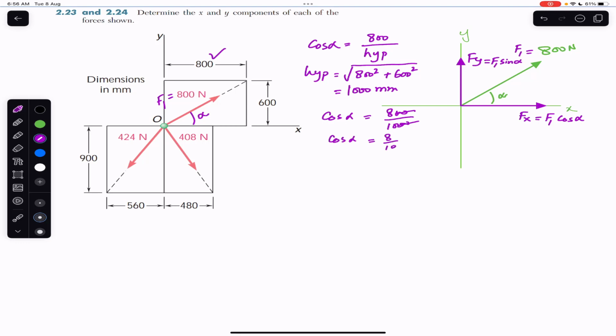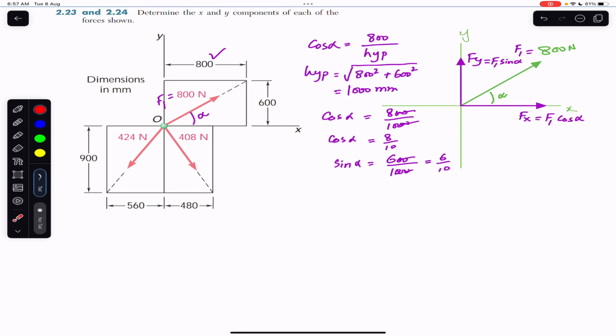And similarly for f1, the sine of alpha will be perpendicular divided by hypotenuse. The perpendicular is 600 and the hypotenuse is 1000, so this is 6 divided by 10. Now as we have discussed, the f of x for f1 is the cos component, this is f1 cos of alpha.